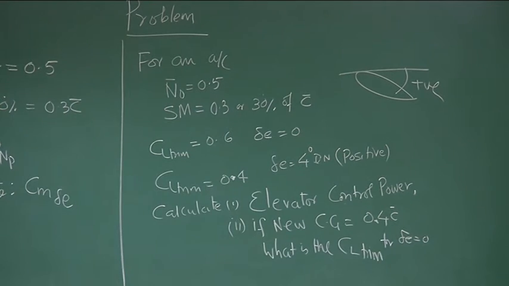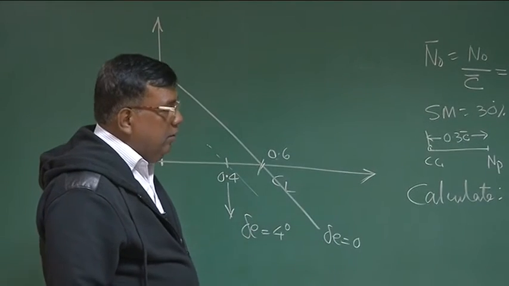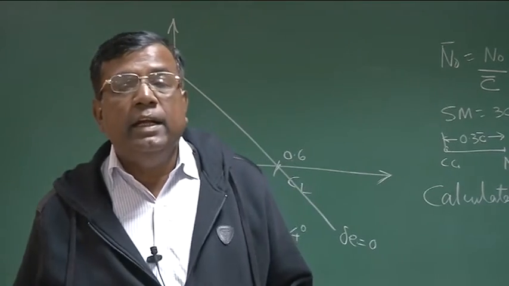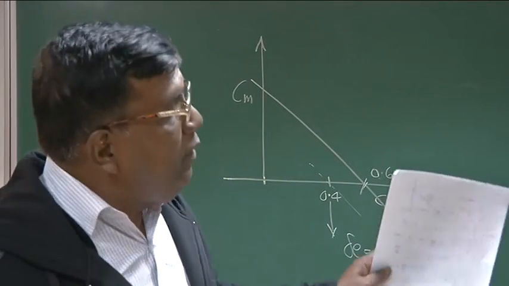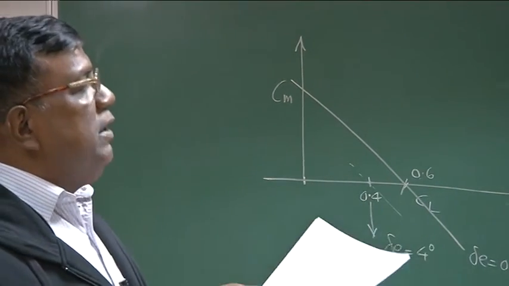So the second question is, if the CG of the airplane changes now, and I change it to 0.4 C bar, what is the CL trim at which I can trim the airplane, still without giving any delta E? The second question will come in an elaborate way. First let me complete elevator control power.